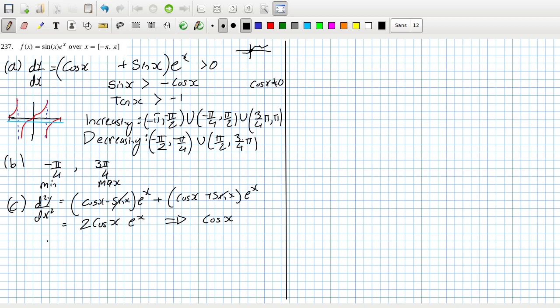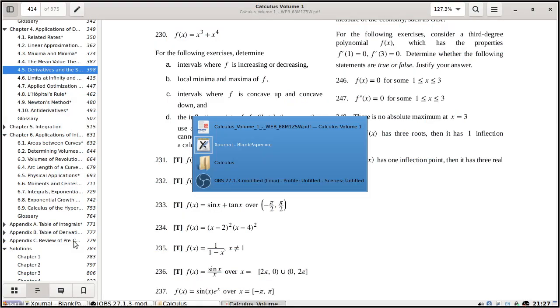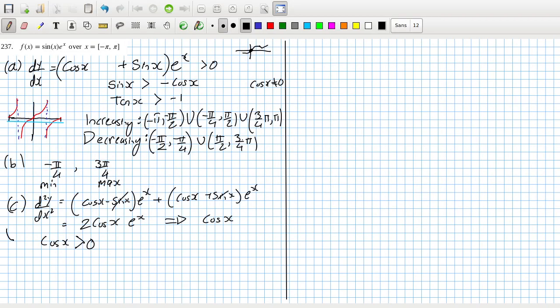So when is cos x positive? Or actually, which one do we want first? We want concave up. Concave up will be cos x positive.